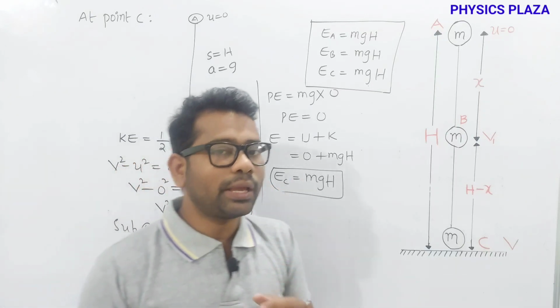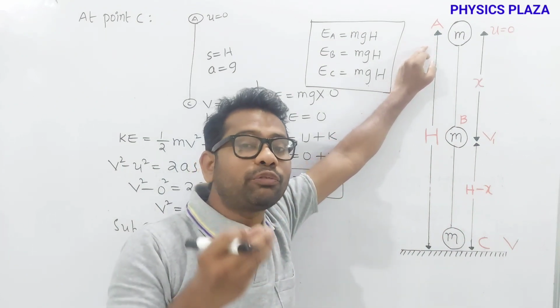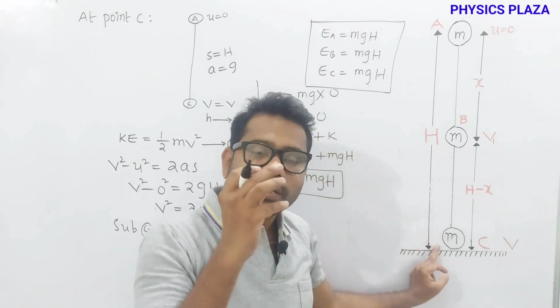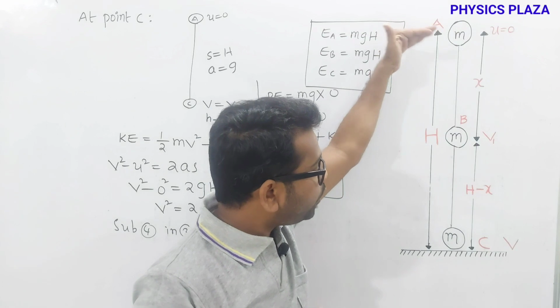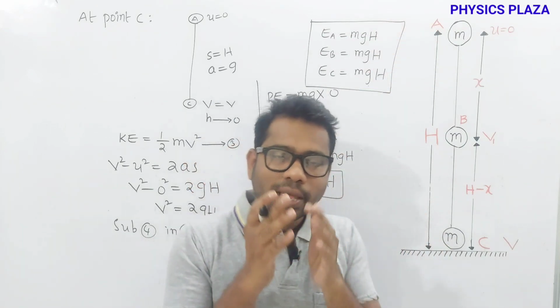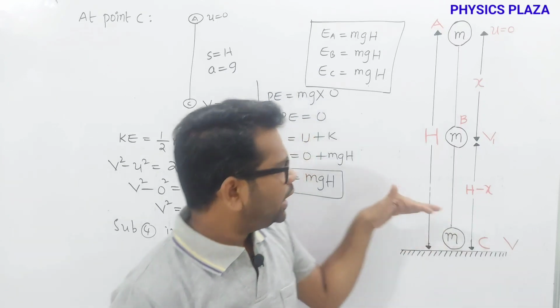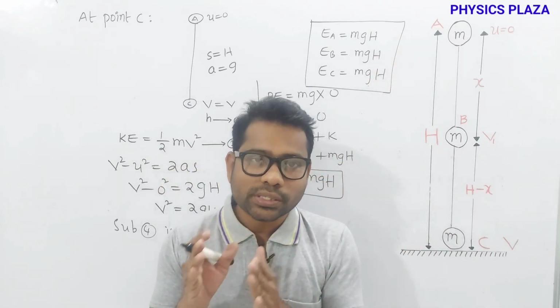But just think about this: at point A, the body has energy only in the form of potential energy. At point C, the body has energy only in the form of kinetic energy. But in between point A and point C, the body has some potential energy and some kinetic energy. Means at any point you can take, the total energy remains constant.